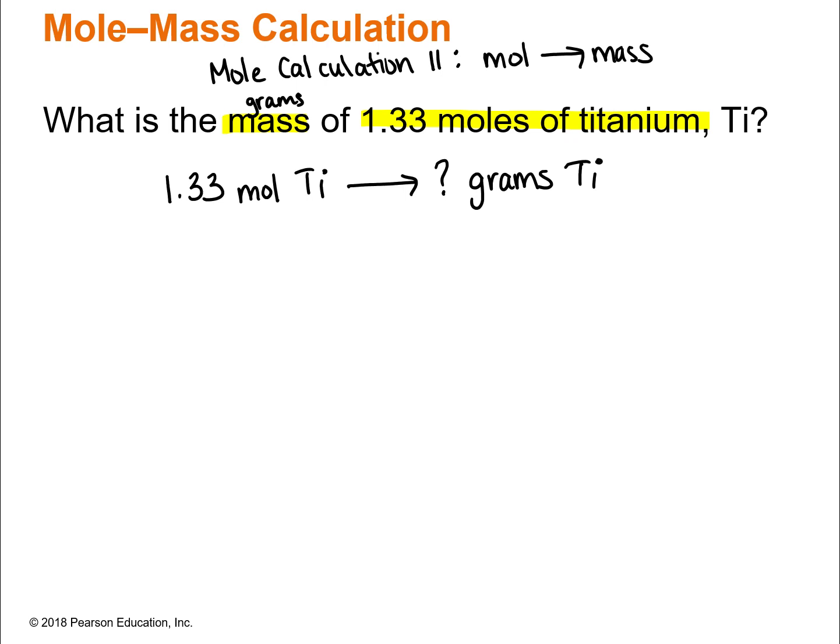We've got a number of moles on one side, question mark with grams on the other side. Whenever you see mass, think grams. This is a moles to mass question. The way we calculate the number of grams in the number of moles we have is by using the molar mass.